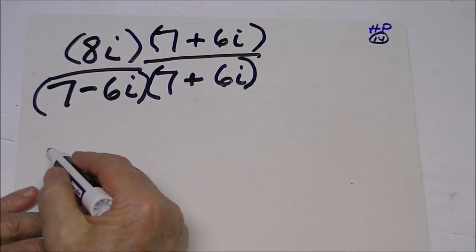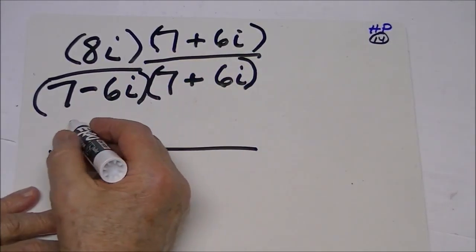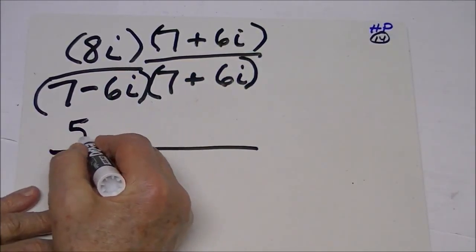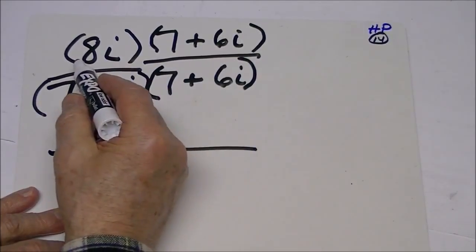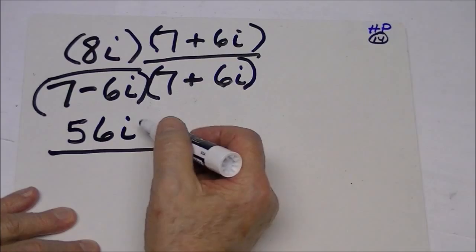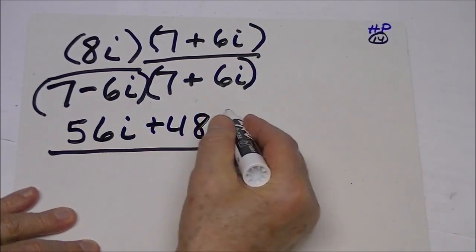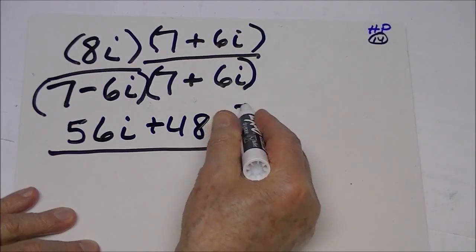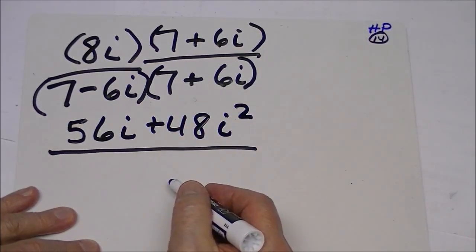So we now distribute. 8 times 7i is 56i. 8i times 6i is 48 i squared. We'll deal with that in a moment.